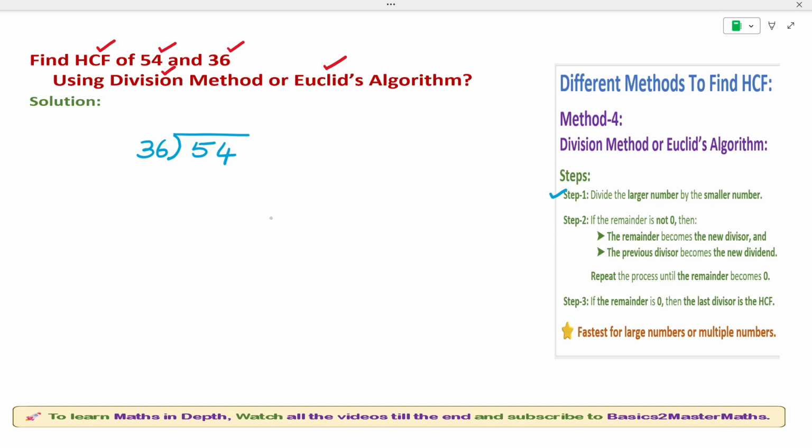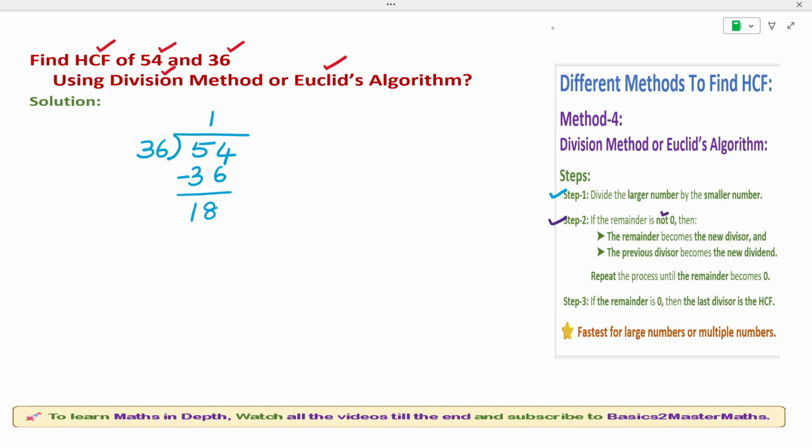In this case, when we divide 54 by 36, we get 1 as the quotient and 18 as the remainder. Step 2.